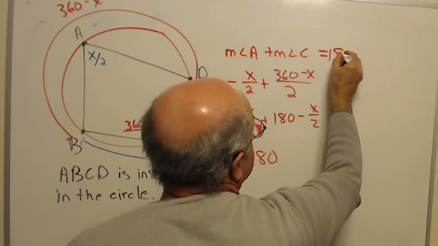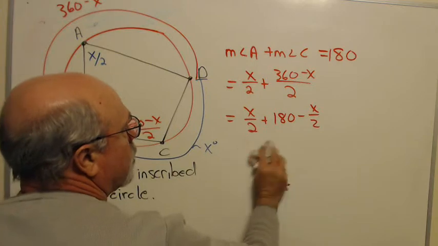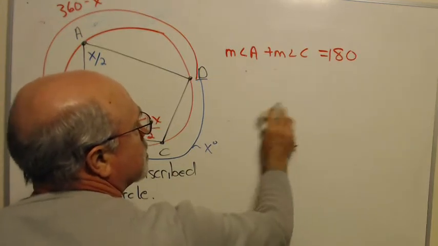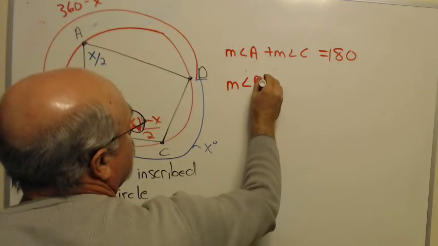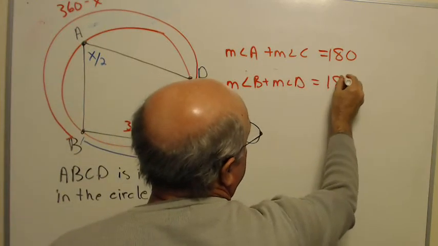So here I can say that A and C add up to 180, and there was nothing special about the way I did this with respect to A and C, so I can also say, because I could have done the proof for angles B and D, the measure of angle B plus the measure of angle D is also 180.